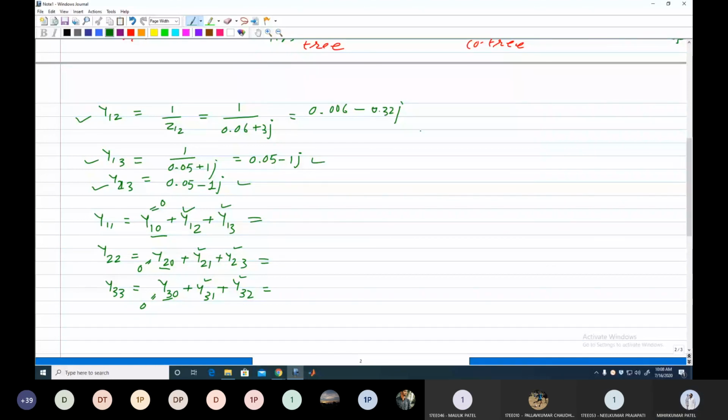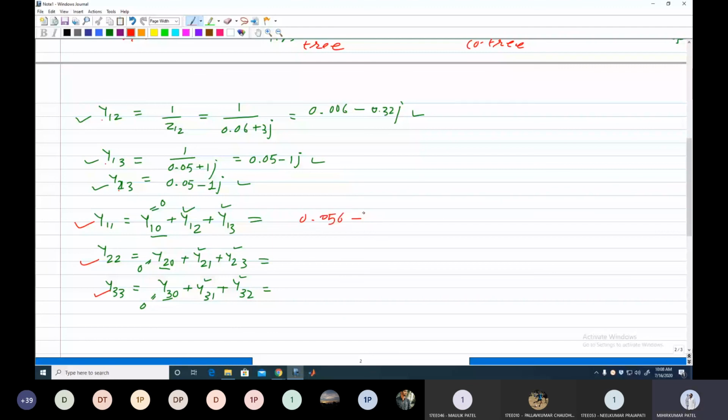Clear? So just substitute the values of y12, 13 and 23 in these diagonal elements. So what is the value of y11? Y11 is the summation of these 12 and 13: 0.056 minus 1.32j.